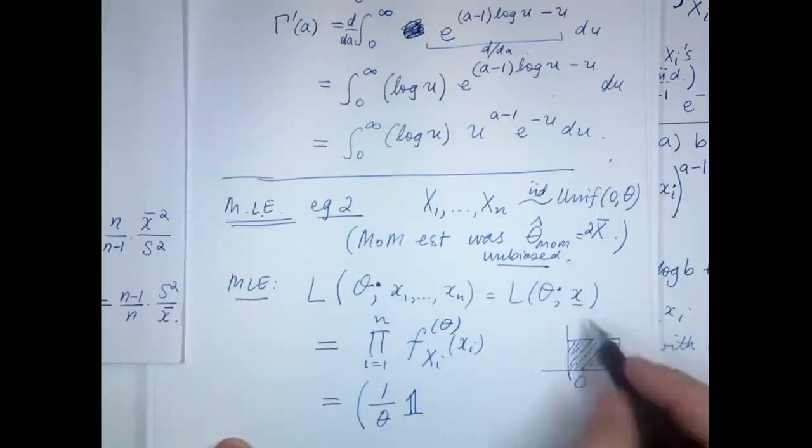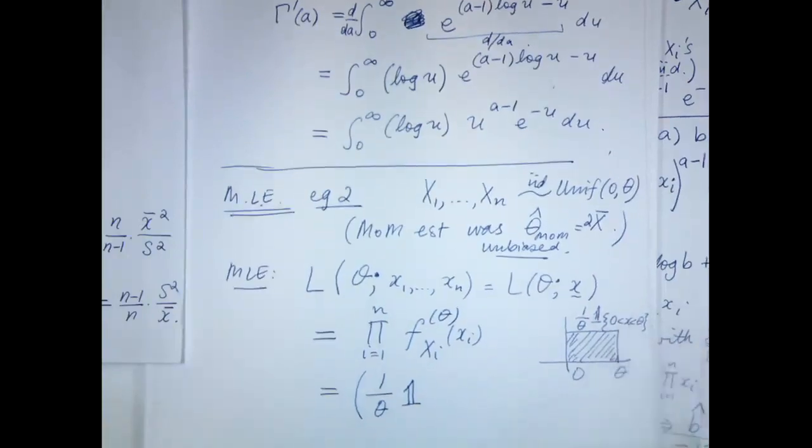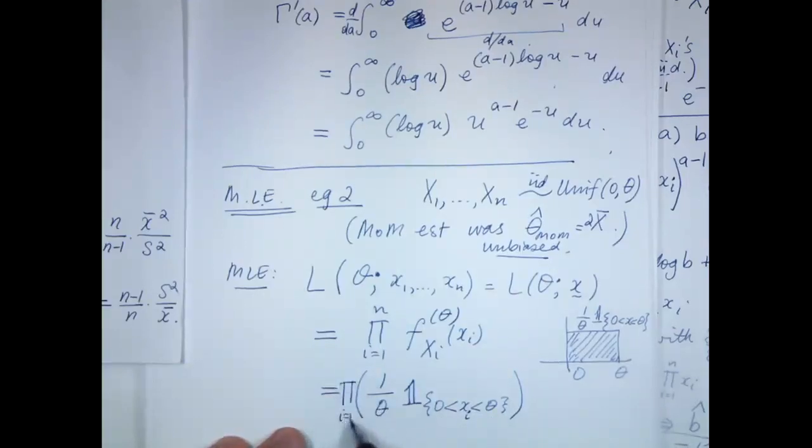So a good way to write that density is 1 over theta, in order to have area 1, times the indicator function that 0 is less than x less than theta. If you're worried about whether we include 0 or theta, it doesn't matter because of continuous random variables. It doesn't land there anyway. So the indicator function that 0 is less than xi less than theta is just a function that is 1 if xi is in that range and 0 otherwise. And I have to take the product, of course, for i equals 1 to n.